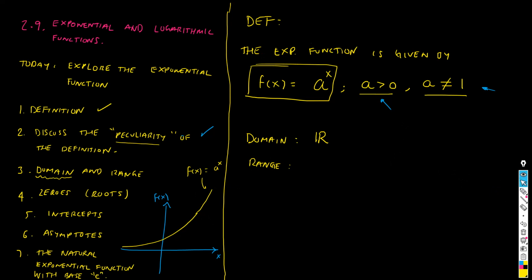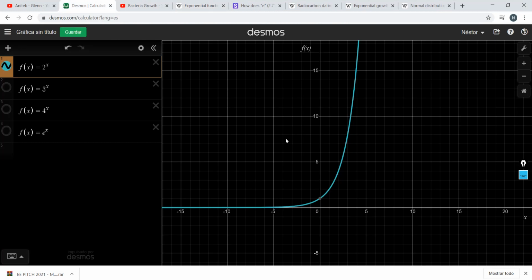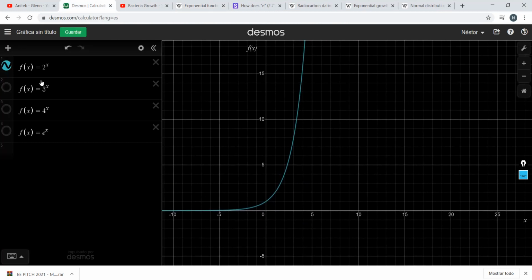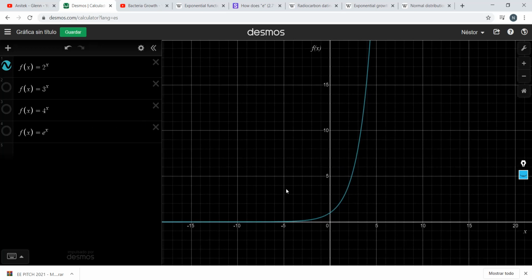So I'm gonna ignore this for a moment and let's go to this software, Desmos. Okay, so in here I have several exponential functions. You see, one with base 2, one with base 3, base 4, and base e, which we're going to talk about at the end. So take a look at the graph of the function.